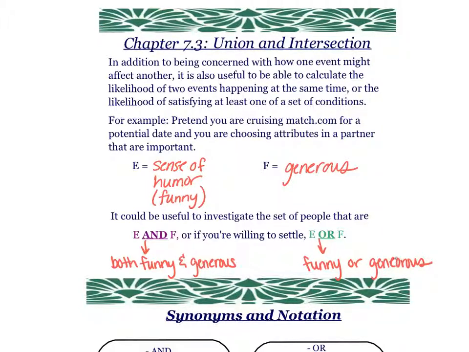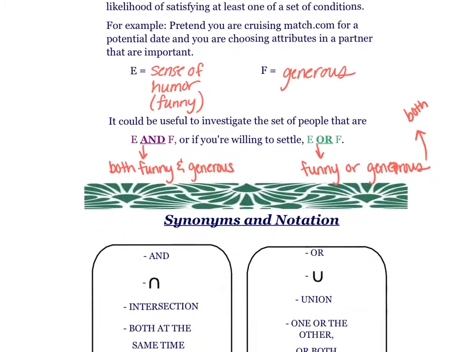Or maybe they're both. Maybe we luck out. So when we do the search for people who are funny or generous, event E or F, it's going to be all the people that are just funny, all the people who are just generous, and all the people who are both when I do that search.